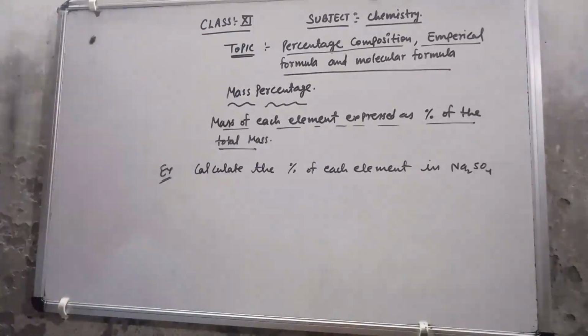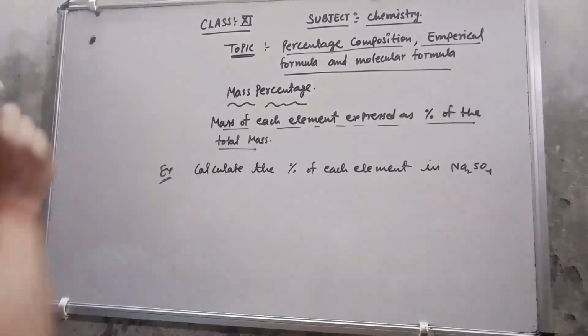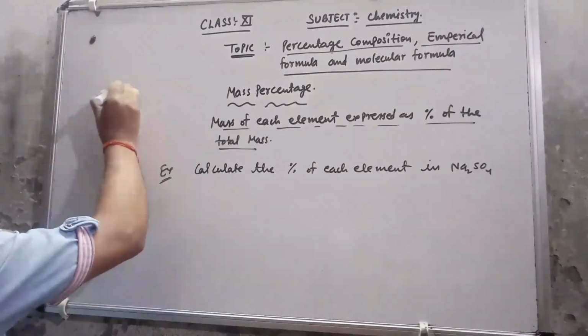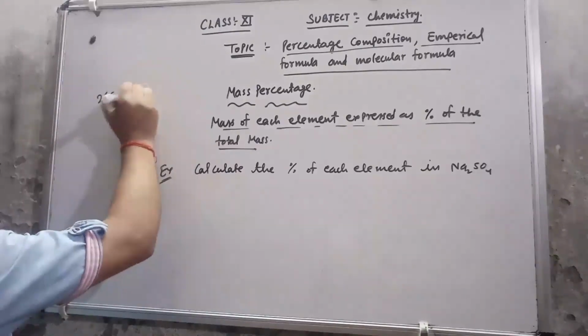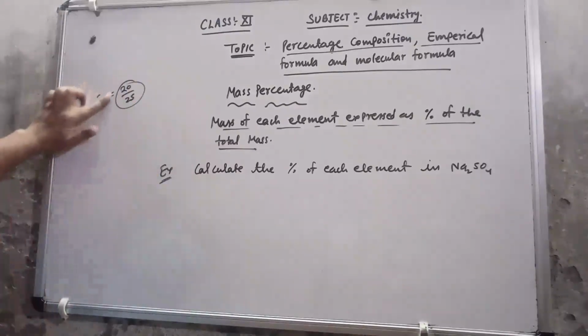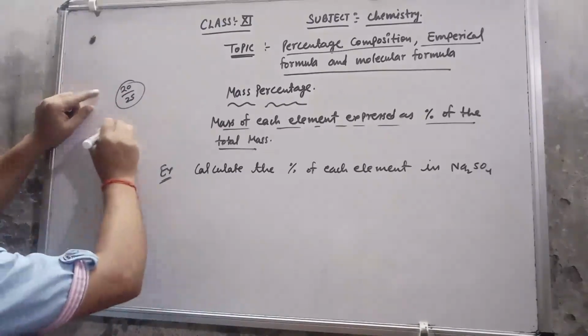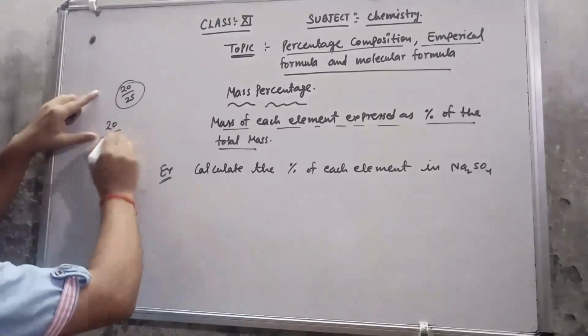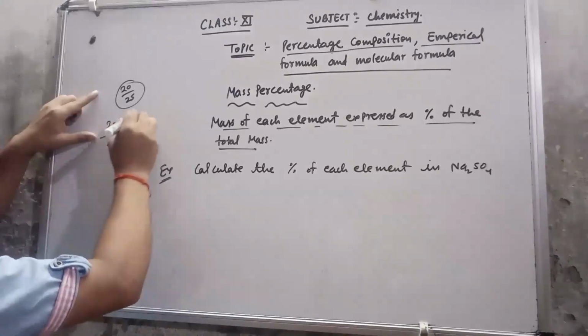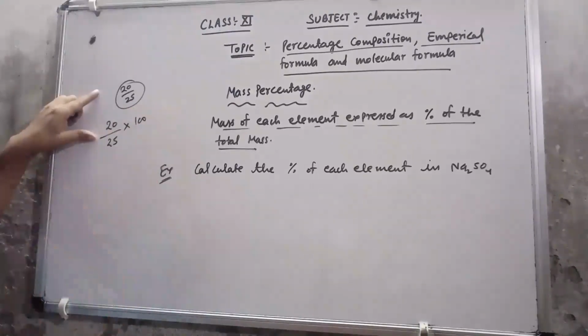Suppose you are getting 20 marks out of 25. How do you find the percentage? Very simple: whatever marks you secured divided by the total marks, multiplied by 100, gives the percentage.